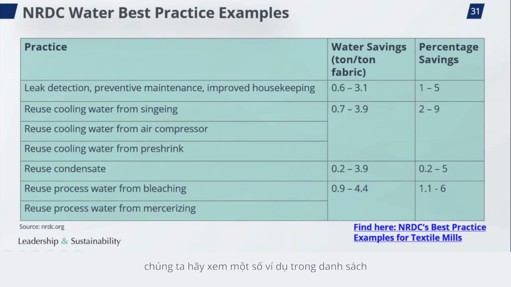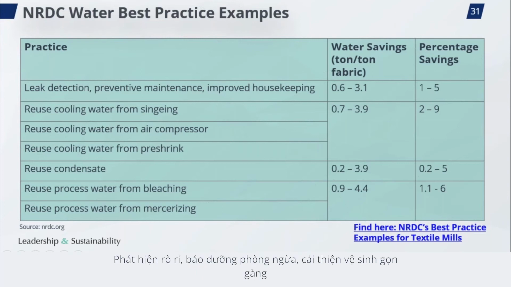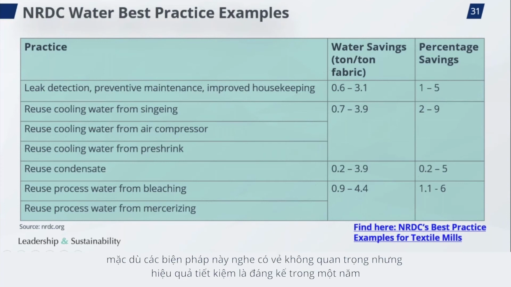So just to pick a few of those examples that you see listed here: leak detection, preventative maintenance, improved housekeeping. Although individual leaks may not seem important in the overall consumption picture, they can be responsible for a surprisingly significant loss of resources over the course of a year.